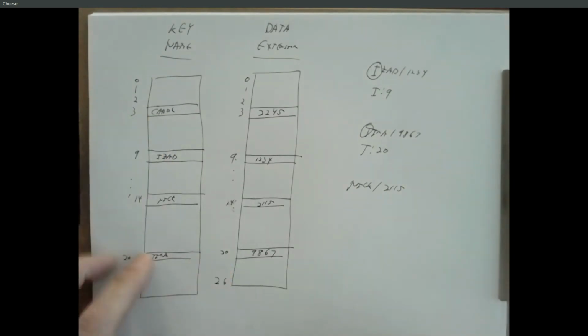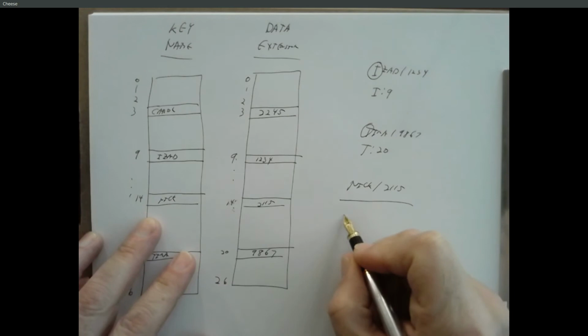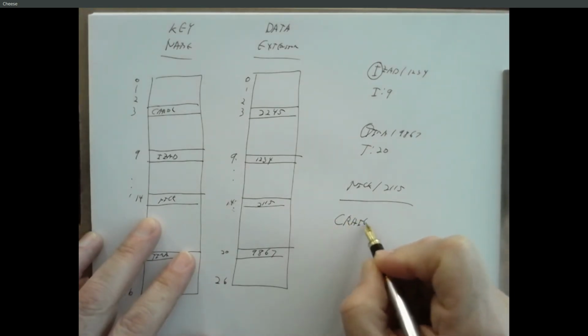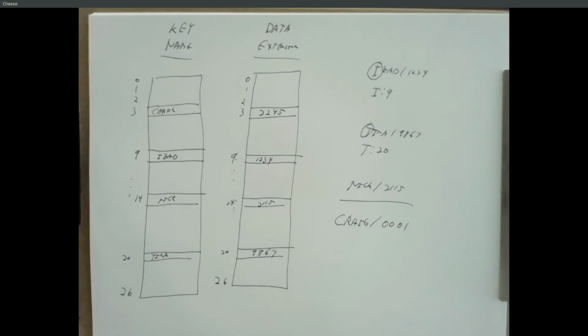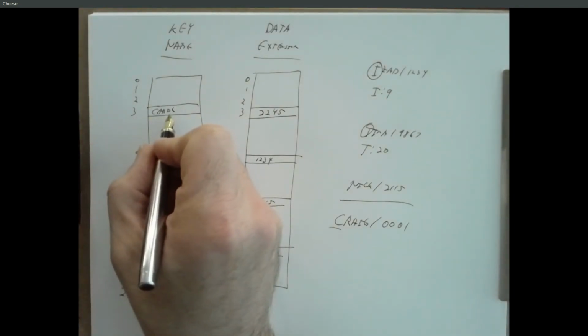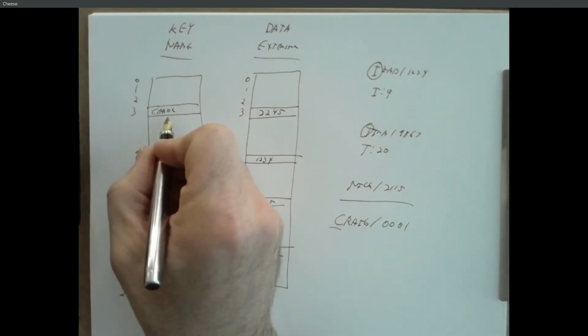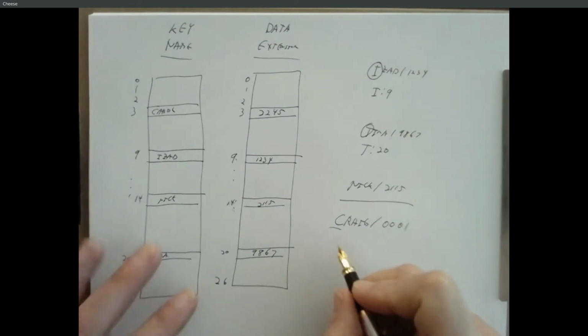So let's say we want to store Craig, and their extension is 0001. We look at the first letter, it's a C, that should go in location 3. We come to location 3 and we say, oh, somebody's already here. So that's a collision.